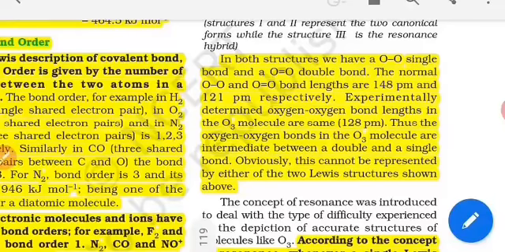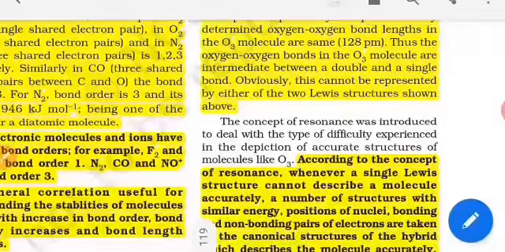Thus the oxygen-oxygen bonds in the O3 molecule are intermediate between the double and a single bond, and this cannot be represented by either of the two Lewis structures as shown by structure 1 and 2. So the concept of resonance was introduced to deal with the type of difficulty, as we have discussed for ozone molecule.